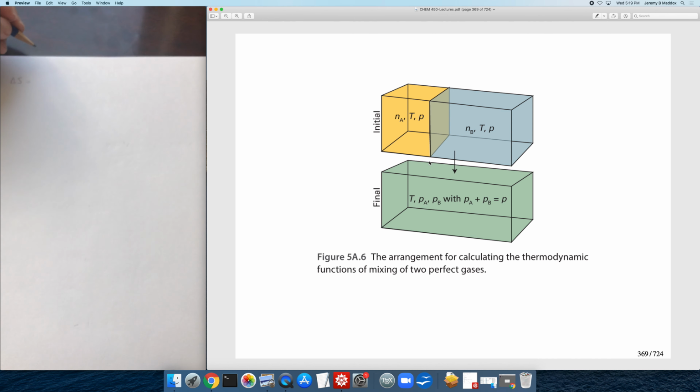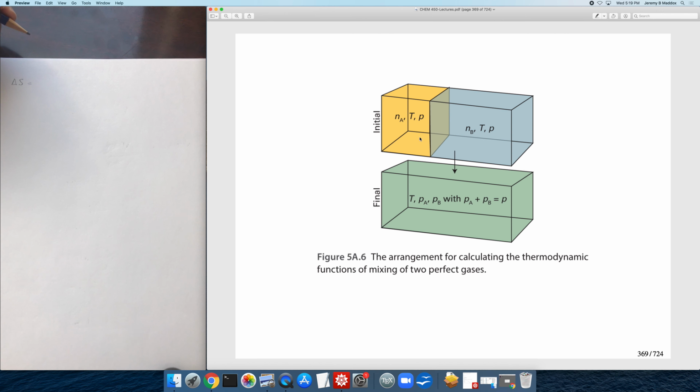So you remove the partition between them. Gas A will expand to fill the full volume. Gas B will expand to fill the full volume. The pressures don't change because they were the same before. Now the two partial pressures add up to the total pressure that we had before, and the temperature doesn't change.